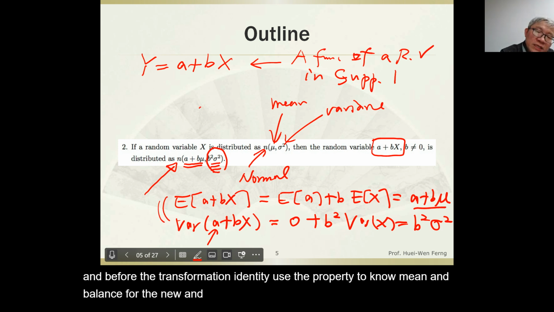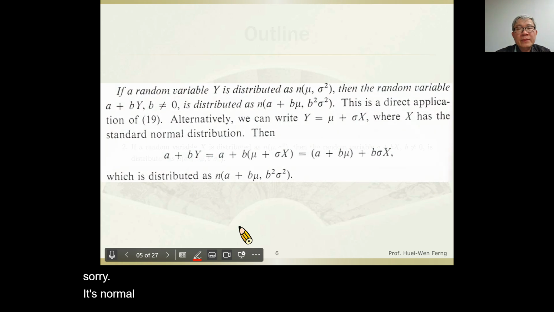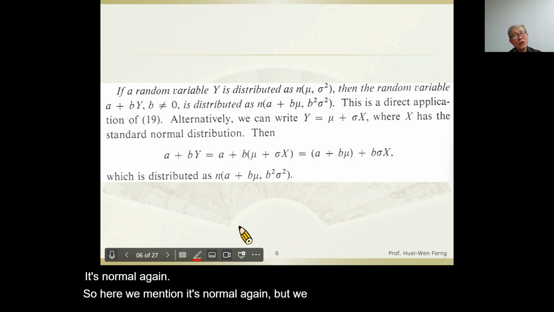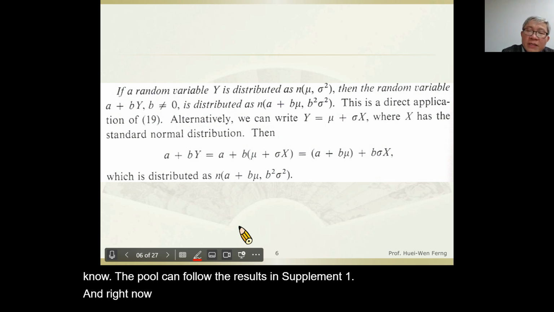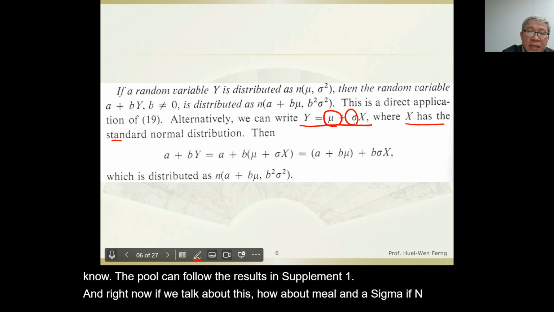Before the transformation, I directly use the property to know the mean and variance for the new random variable. But through the proof, it's normal again. Here we mention it's normal again, but we don't have the proof; the proof can follow the results in supplement 1. And right now, if we talk about this, how about mu and sigma if X has the standard normal?